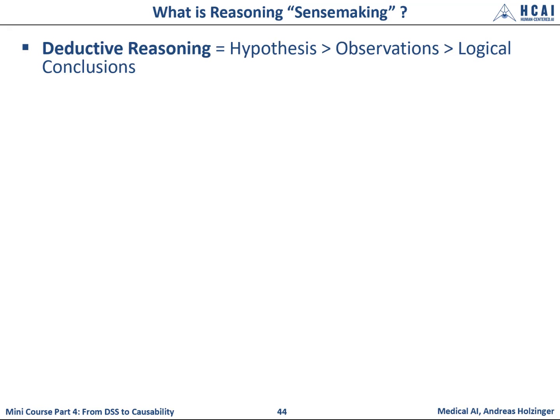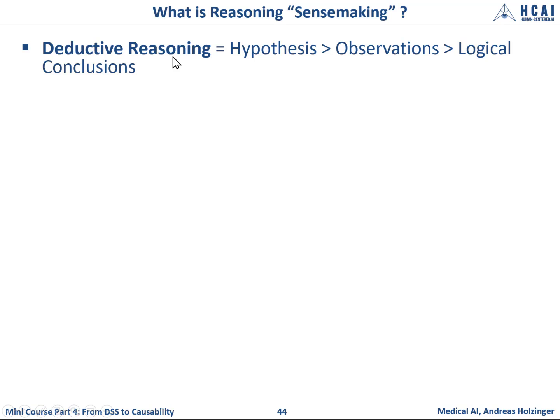So what is then reasoning? We have often now talked about reasoning. What is reasoning or sense making? In German, Schlussfolgern, Argumentation, Beweisführung. In informatics, we say inference, and sense making can be translated in German as sinnmachend. So how can we do that?